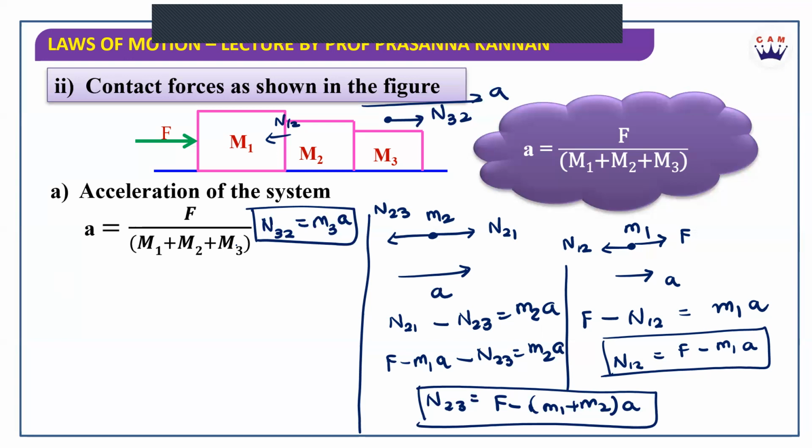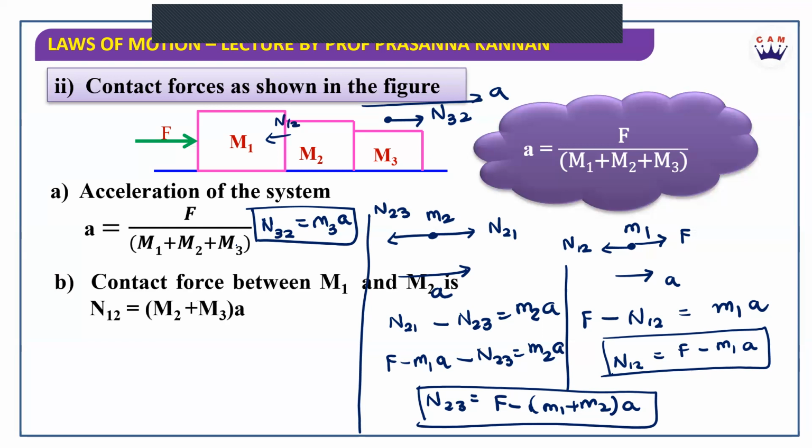The final answer, you can write it down here. N12 is M2 plus M3 into A. How are we getting it? You're substituting the value of F from this. If you substitute your value of F here, you will get this answer.